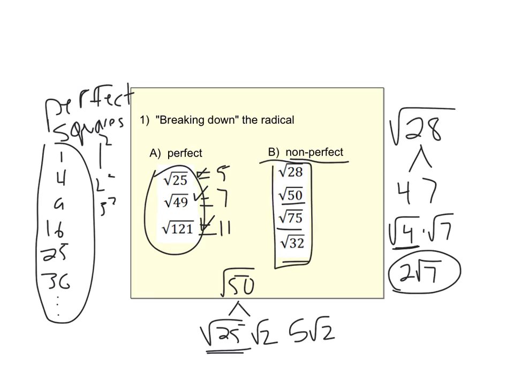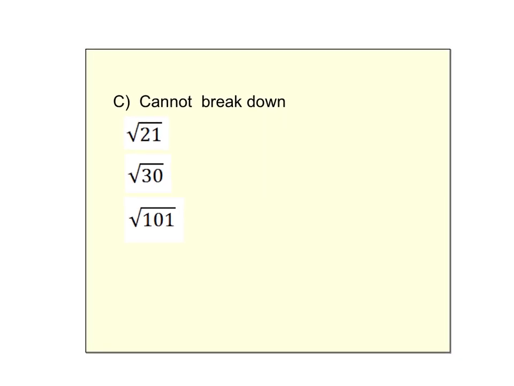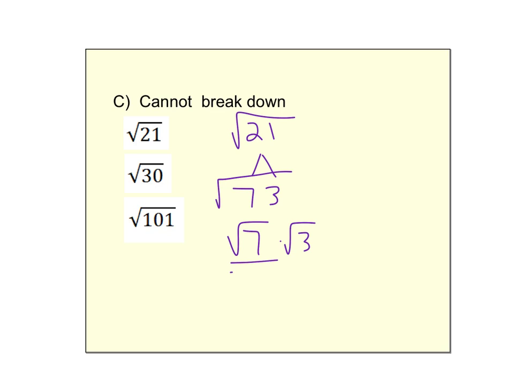These are considered non-perfect. So these would be ones that you cannot break down, and here's why. So if I look at 21, 21 splits into 7 and 3. So the square root of 7 times the square root of 3. Neither one of those are perfect. So this is as simple as I can make it.